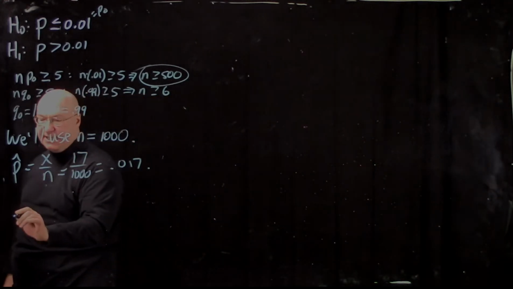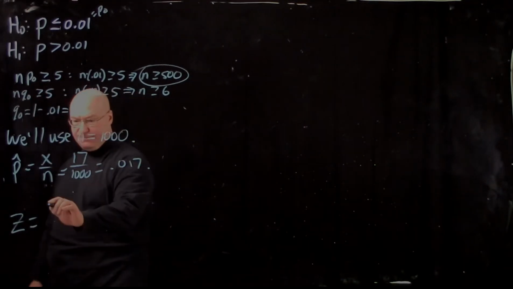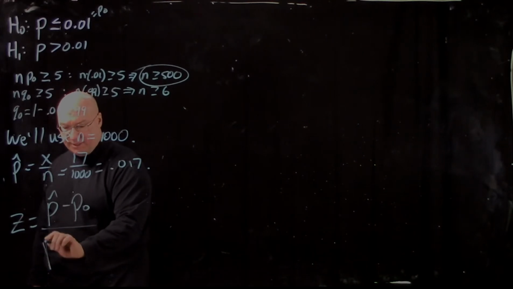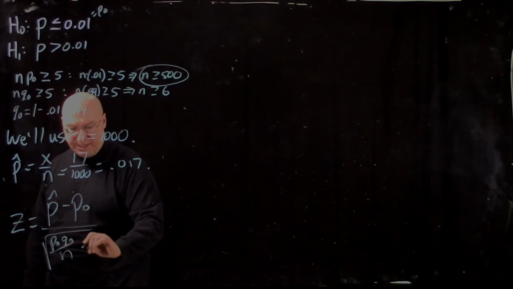Let's compute the test statistic. Remember, it's normal 0, 1, so it's a z random variable. It's p hat minus p naught, over the square root of p naught times q naught over n.